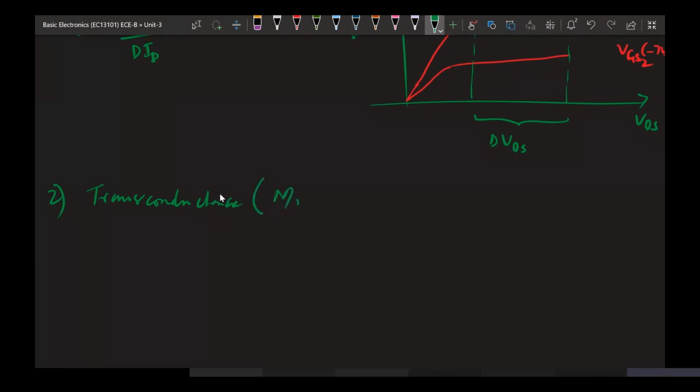Transconductance, also called mutual conductance, is defined by GM. Transconductance is also called transfer conductance.